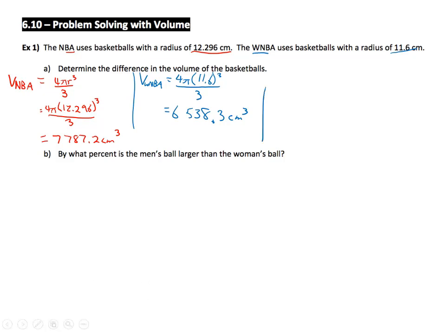Finally, we're going to figure out the difference between them. So volume diff, for difference, and we just subtract the two. 7,787.2 subtract 6,538.3, and you should get 1,248.9 centimeters cubed.